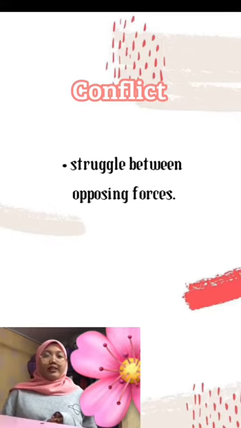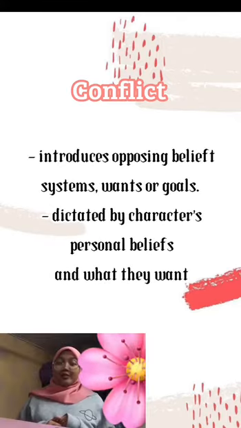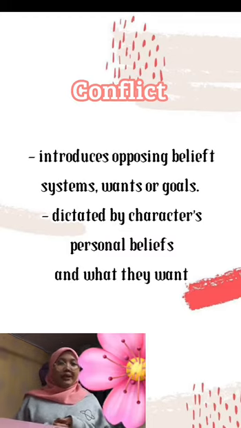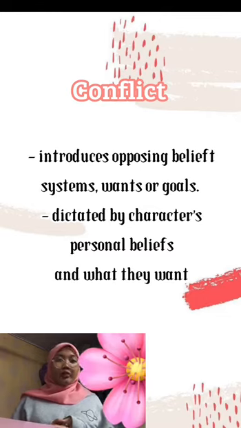Conflict in a story drives the plot forward. So now, I want to ask you guys, what is the purpose of conflict? Conflict introduces opposing belief systems, wants or goals, not just to entertain the viewer but to show the character another worldview.